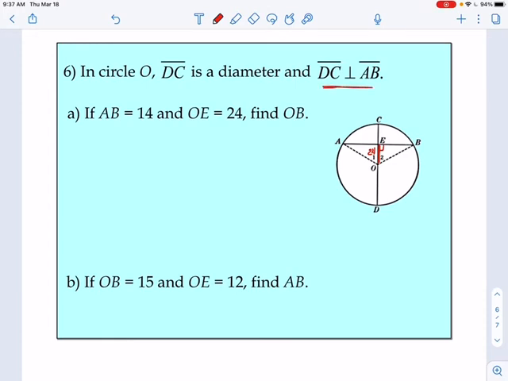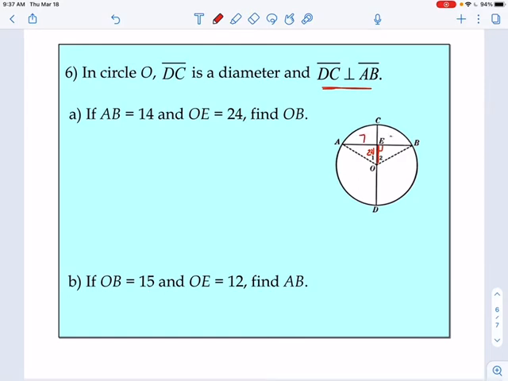And the entire length of AB is 14. So if I have a diameter and a chord that's perpendicular, that means that that chord is going to get bisected. So AB is being bisected by CD. So if the entire length of AB is 14, that means this piece is going to be 7 and that piece is going to be 7.